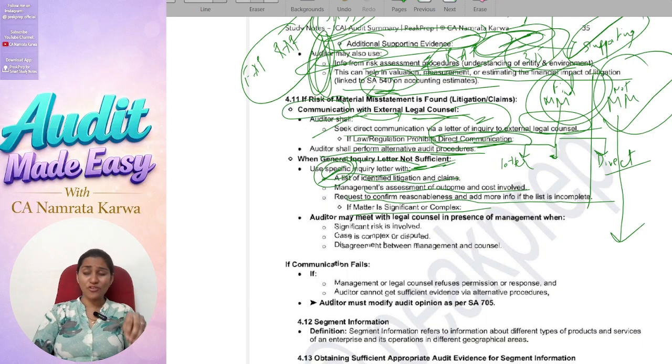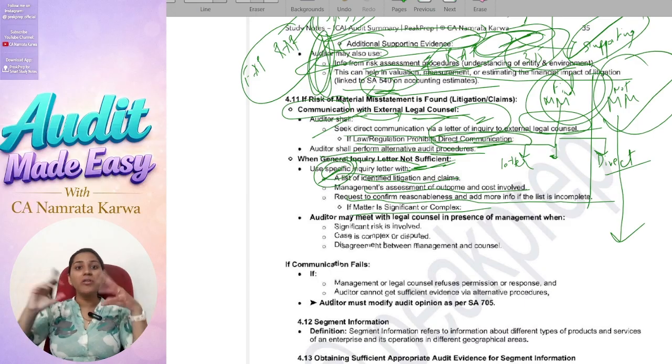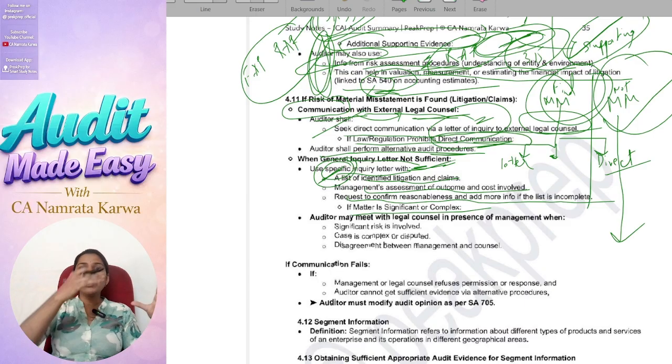You need to make sure that your letter includes all the things mentioned over here, because there is not only one litigation going on, there are many things going on in the company, like the list of identified litigations, management's assessment of outcome and cost involved. For example, one case 1 crore, second case 50 lakh, third case 20 lakh.